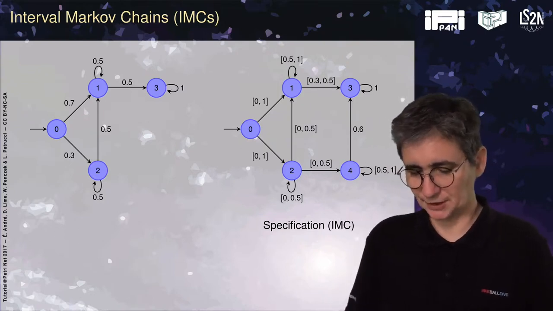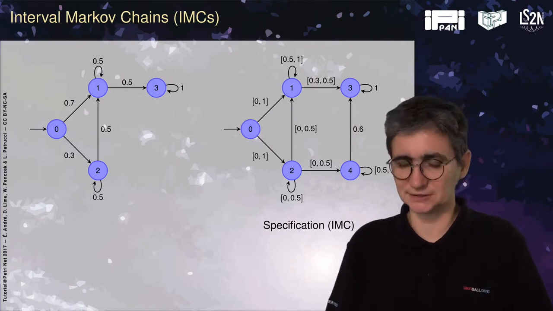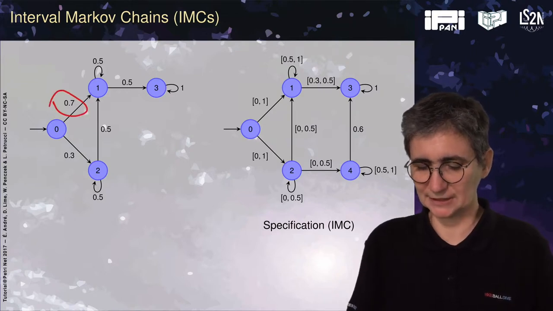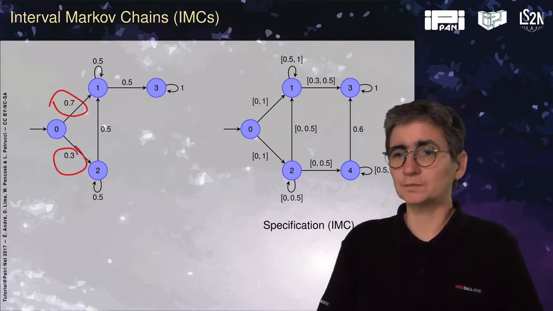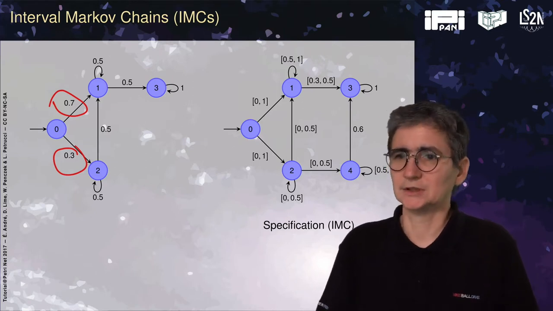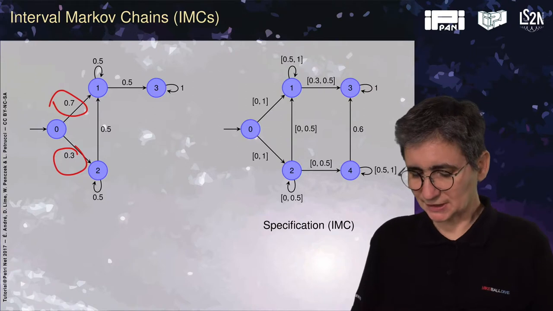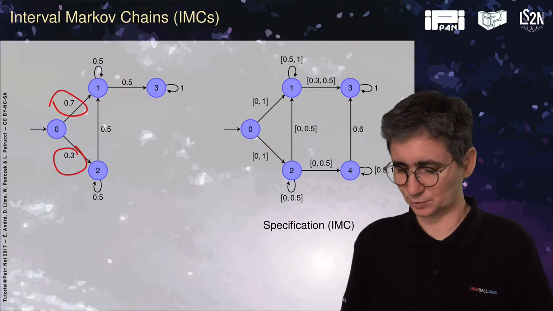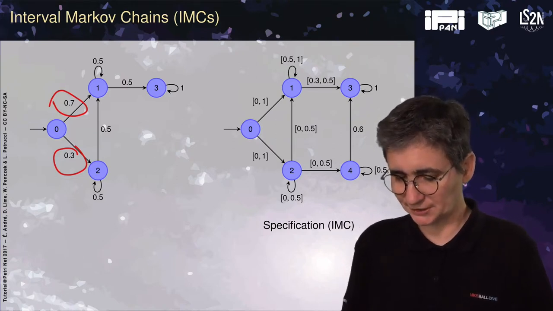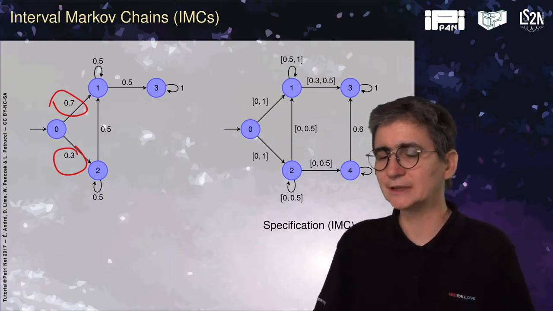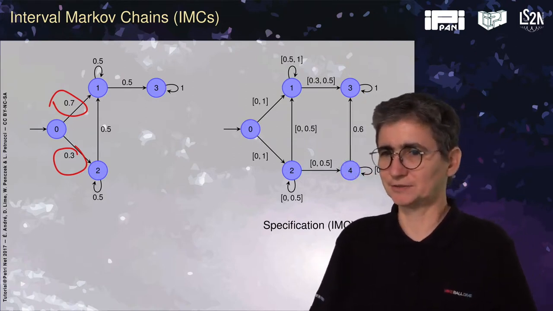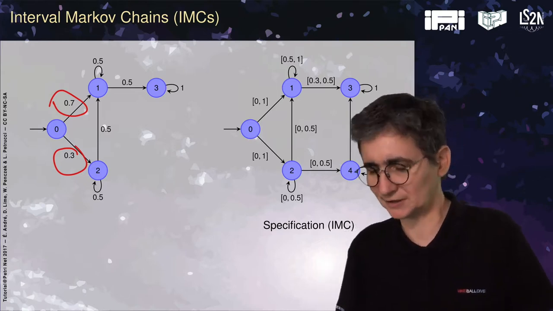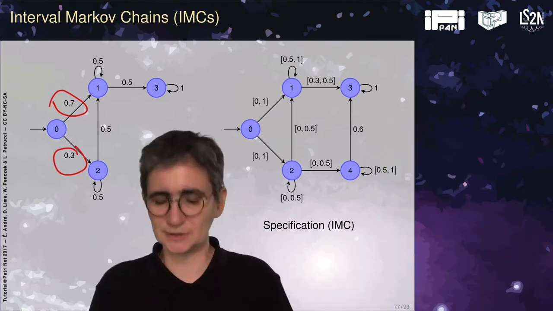Sometimes we don't know the exact values of probabilities. So for example, we don't know that here it's 0.7 and here it's 0.3. We just know that they add up to 1. So in this case, maybe we want to capture several probability values within an interval. And so an interval Markov chain, as on the right-hand side of this slide, is similar to the Markov chain we have just seen, but on the transitions, instead of having an actual value of a probability, you have an interval.